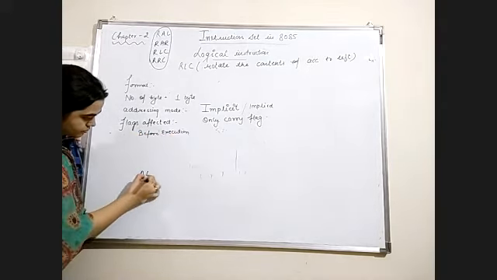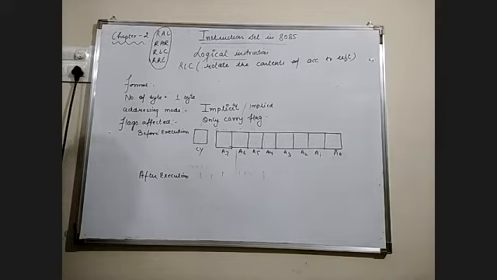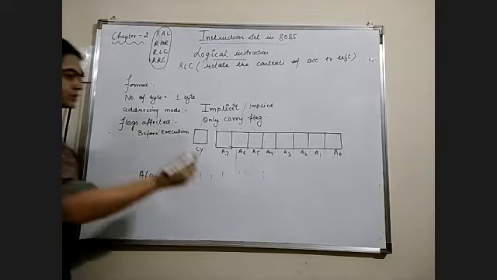And here we have a carry flag that will be represented by CY. So this is the accumulator, which has 8 bits representing A0 to A7.